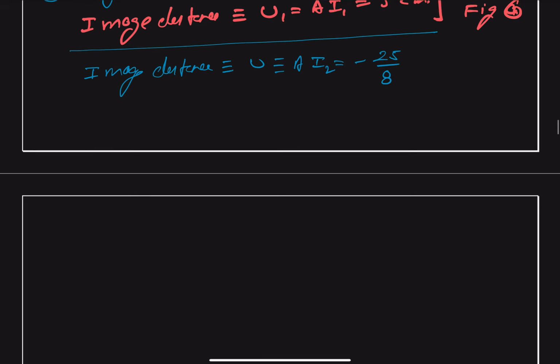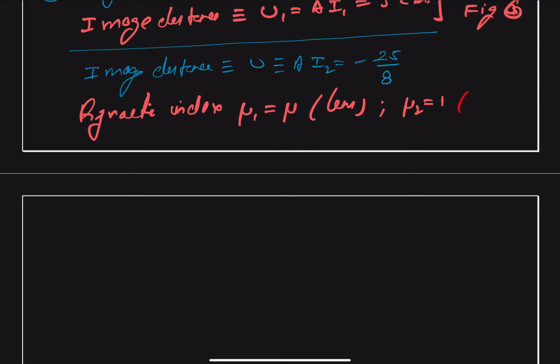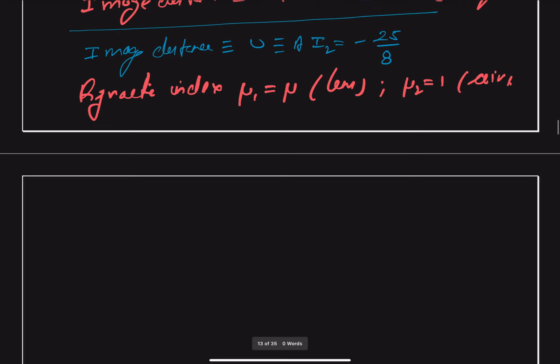And for refractive index, one is air and the other one is lens. So we can say our refractive index mu1 will be equal to mu for our lens and mu2 will be equal to 1 for our air. So these are the basic things which are given to us.